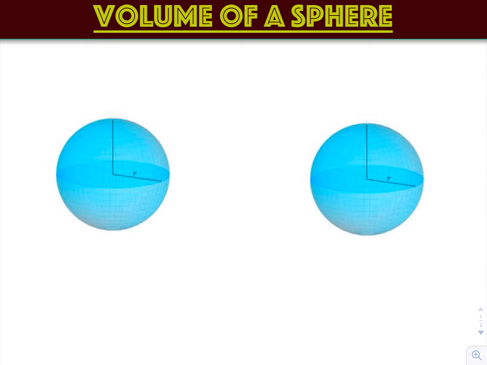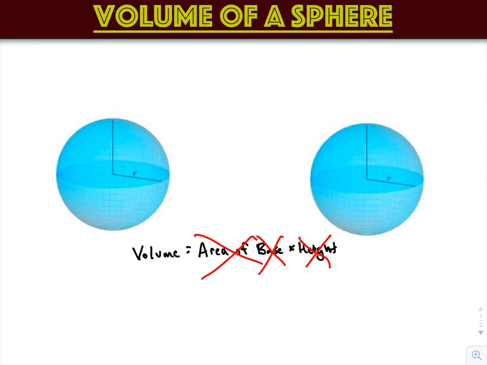It's totally different than those, and that's mostly because we know volume revolves around area of the base times the height. And when we look at a sphere, it has neither a height nor does it have a base. So we can't obviously find the area of the base.